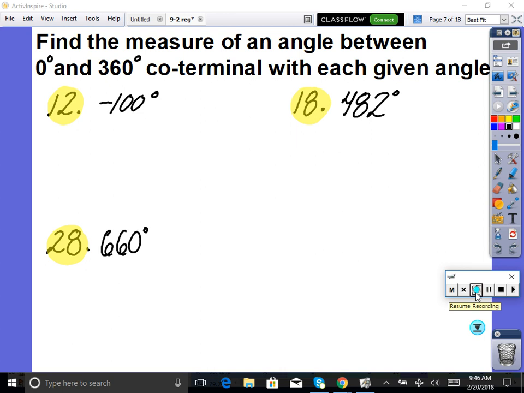So it says find the measure of an angle between 0 and 360 coterminal with each given angle. So why is this good? Because think about it. On the unit circle, isn't it between 0 and 360? The unit circle is drawn between 0 and 360, true? So that's what this is getting us able to see, is that an angle that's negative 100 is also the same angle as what on the unit circle.